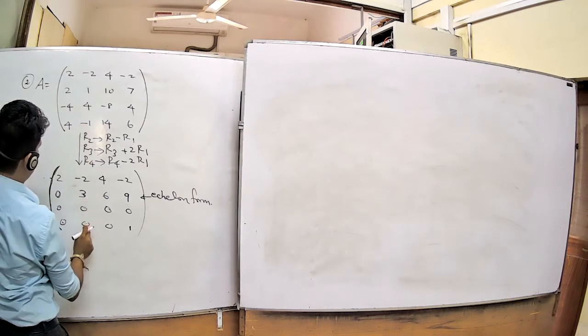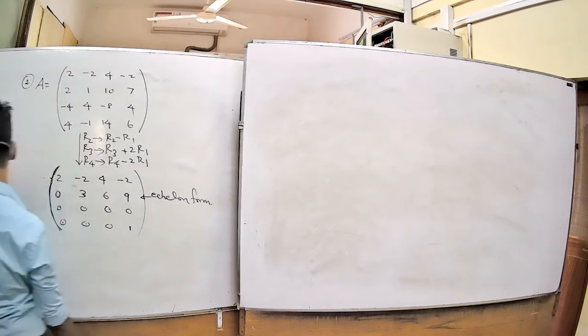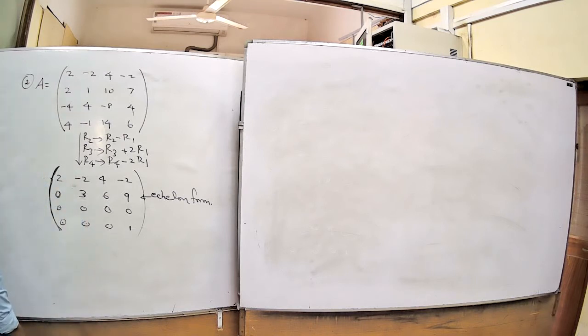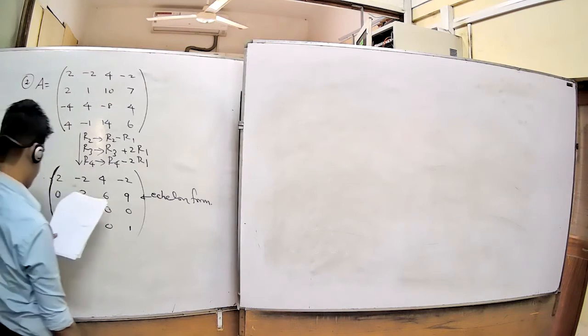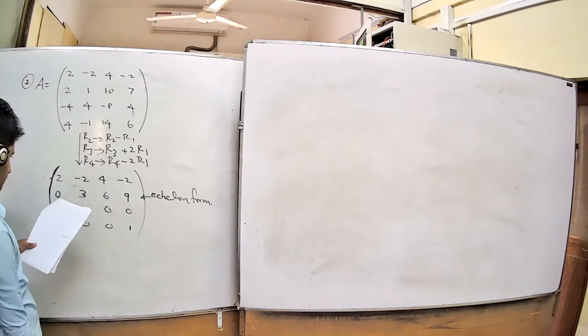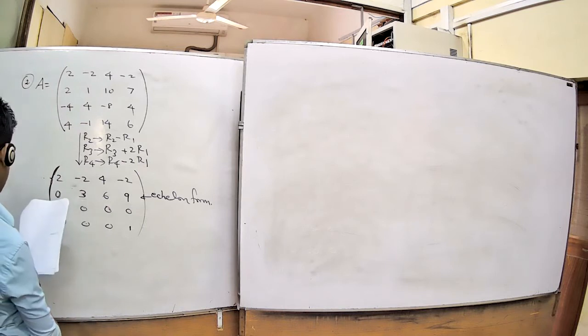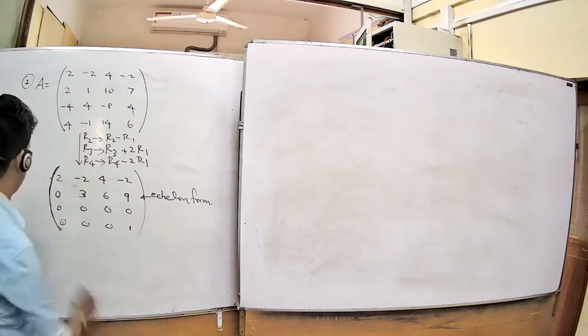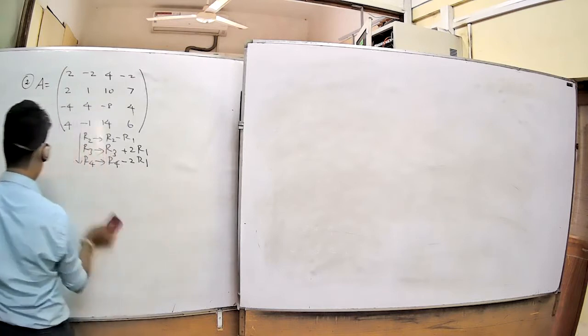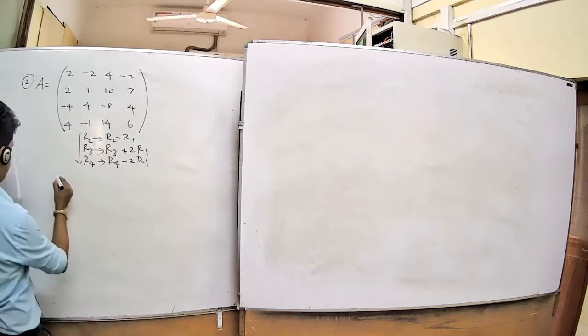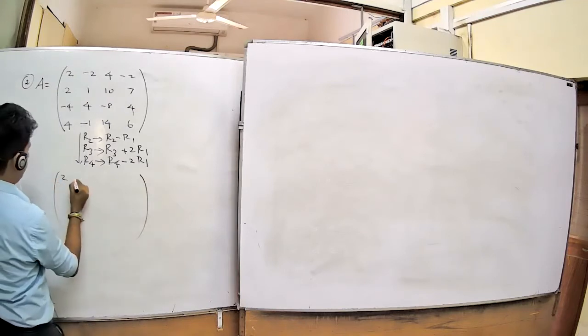Sorry, just wait. 2 minus 2, 4 minus 2. I think this one is wrong. Just wait.